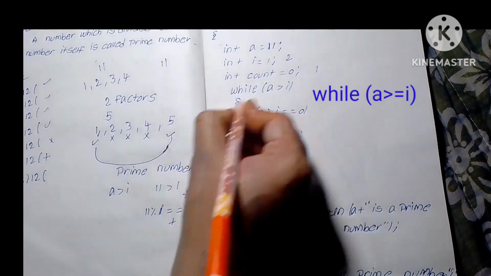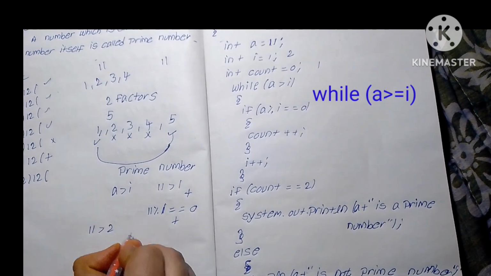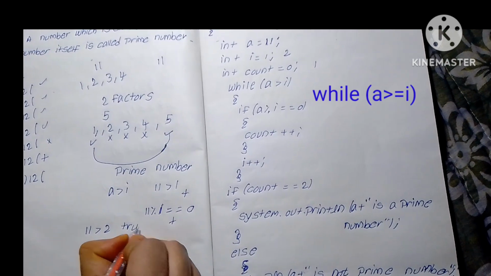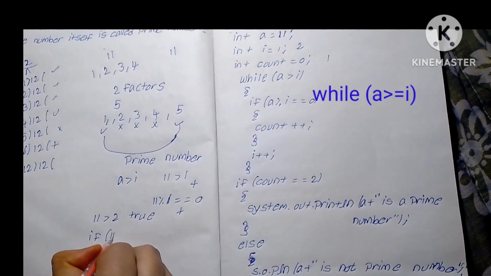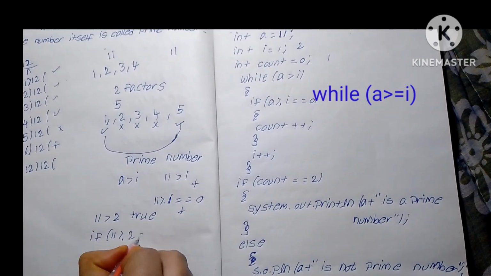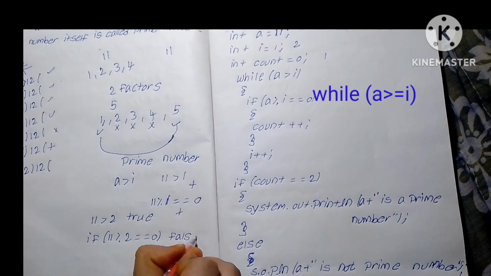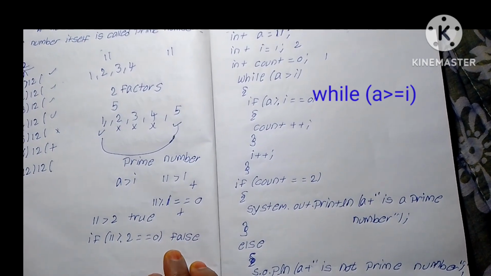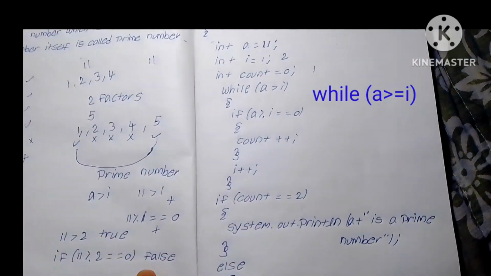Again I'm going to check the while condition, 11 greater than or equal to 2, which is true. So I'm going to check the if condition, 11 modulus 2 equal to 0, which is absolutely false. So the if condition is false, the if block does not execute. That you need to remember.